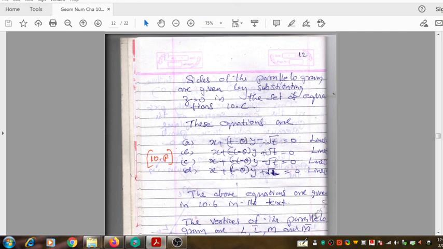Then the first equation reduces to x minus root t equal to 0.